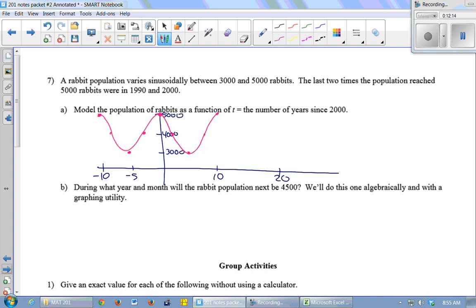So the y-intercept, is that at the midline, at a max, or at a min, or neither? It's at a max. So which trig function naturally starts at its maximum? Cosine. Okay, so I want to use cosine to model this.